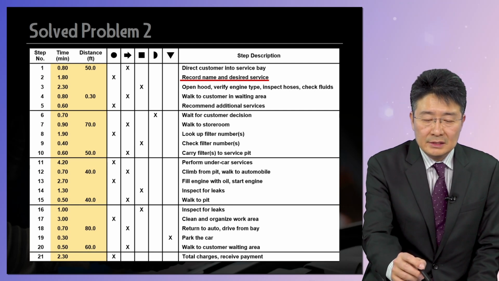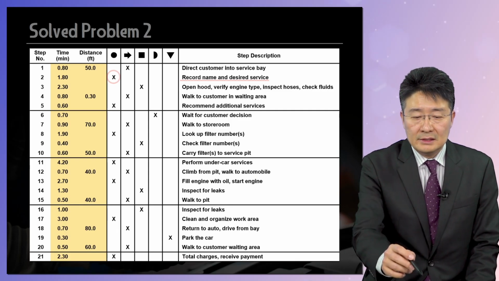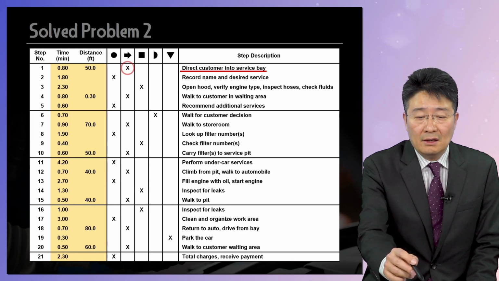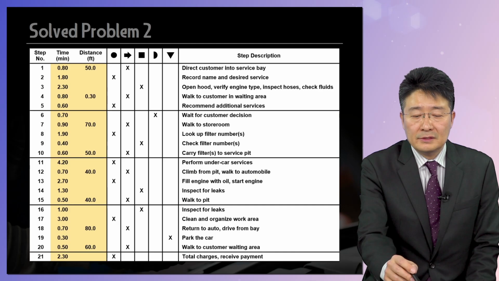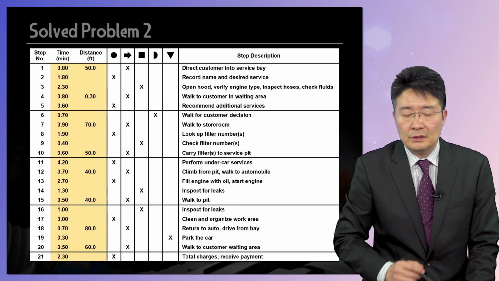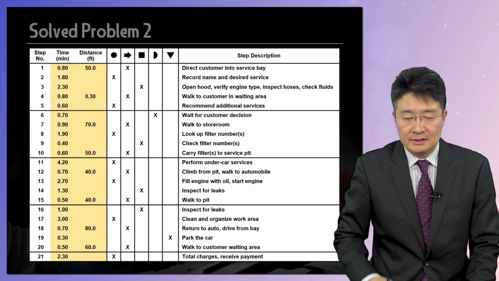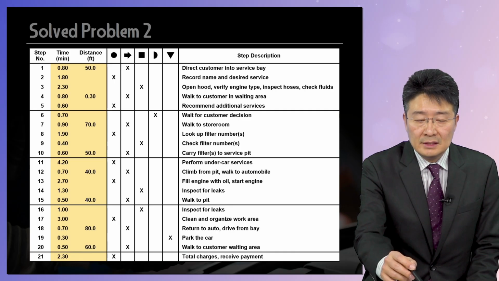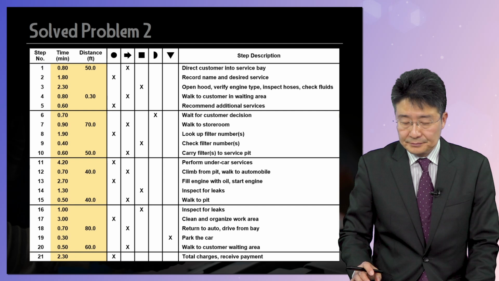Okay, this is denoted by circle. Okay, this is denoted by an arrow. Okay, in the third process, open hood, verify engine type, inspect hoses, check fluids. Okay, this is denoted by a square, right?